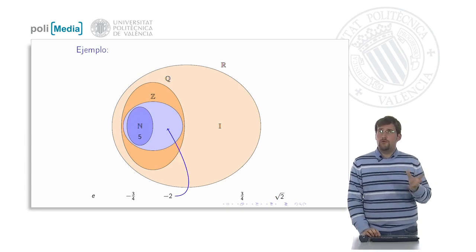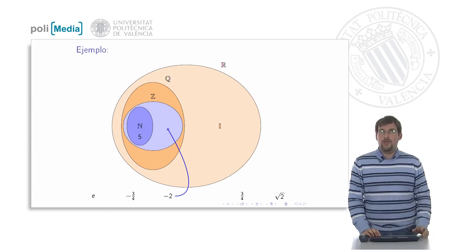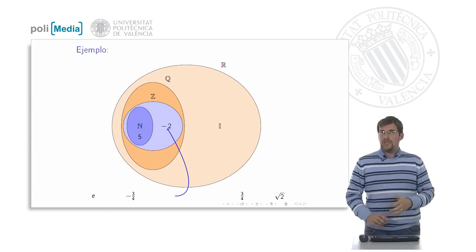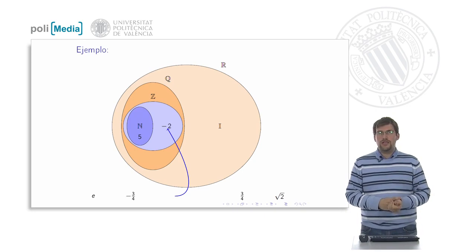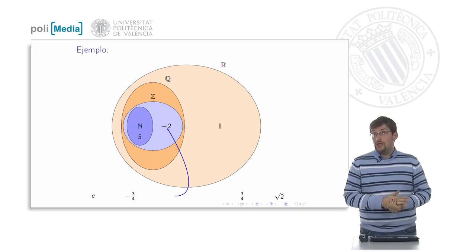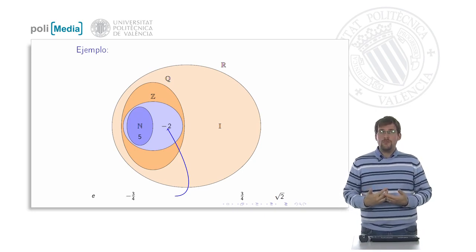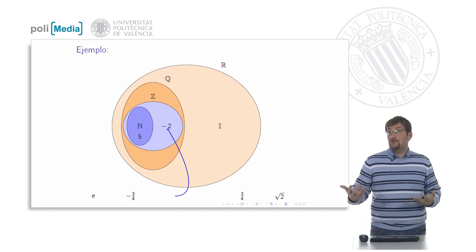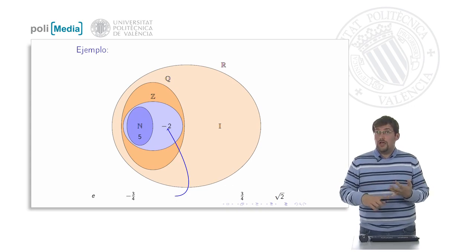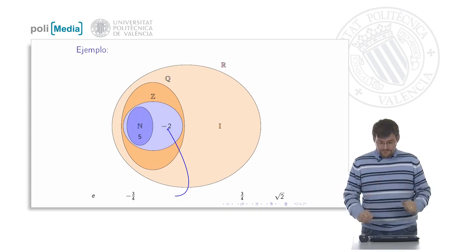The minus 2 would be a negative number. It would go in this lighter area here, which is the area of the negative numbers. It's not a natural number, it's a negative number, but it is within the integers. It is also within the rationals, and it is also within the real numbers.